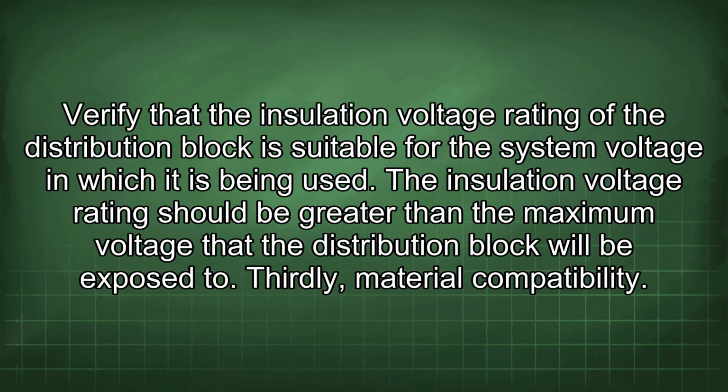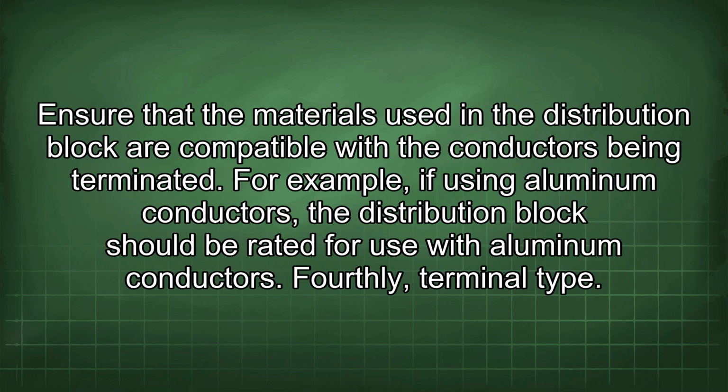Verify that the insulation voltage rating of the distribution block is suitable for the system voltage in which it is being used. The insulation voltage rating should be greater than the maximum voltage that the distribution block will be exposed to. Thirdly, material compatibility. Ensure that the materials used in the distribution block are compatible with the conductors being terminated.